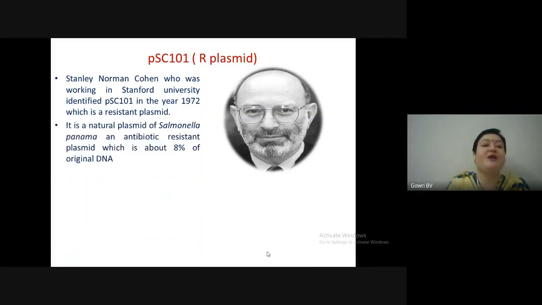It is a natural plasmid of Salmonella Panama. So the organism that possesses this plasmid is Salmonella Panama, an antibiotic resistant plasmid which is about 8% of the original DNA.